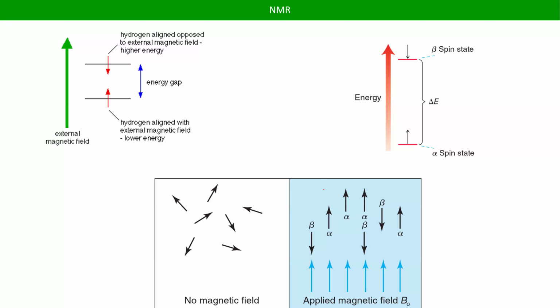Because different atoms in different molecular systems are going to have a different gap in the energy. Not all hydrogens are going to have the same difference in energy between alpha and beta. If it's a hydrogen that's attached to a methyl group at the end of a carbon chain, it has a different delta E than a hydrogen that's attached to a tertiary carbon, for instance.